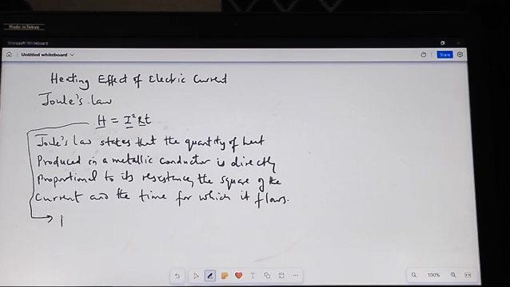If we recall from Ohm's law that V is equal to IR, therefore our R will be equal to V over I. We can decide to replace R with V over I. So we say that H is equal to I squared, in place of R, we use V over I, times T. So that this gives us IVT.